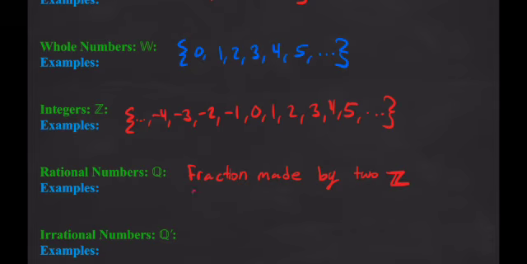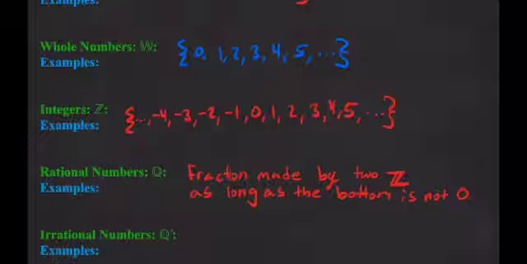As long as the bottom is not 0. By the way, the bottom of the fraction is called the denominator. The top of the fraction is called the numerator. Okay?